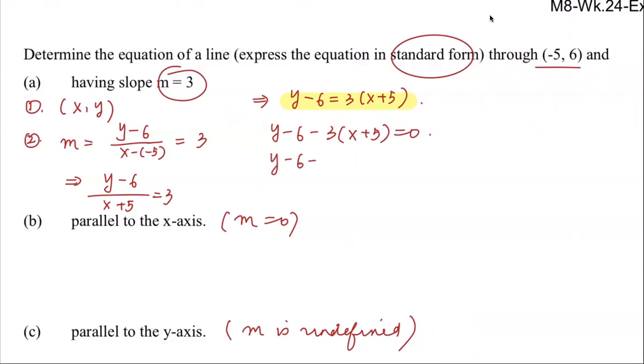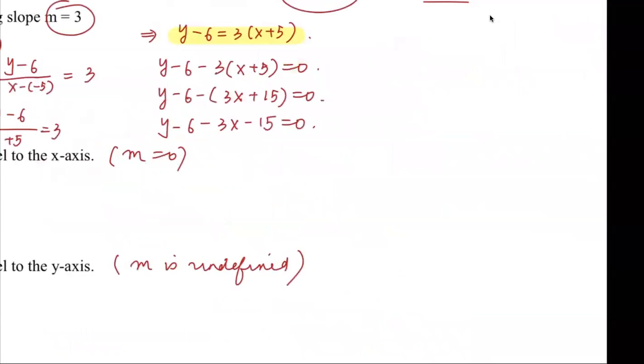We factor in the coefficient first, 3x plus 3 times 5, that's 15, equal to 0. Now we open the brackets: y minus 6 minus, remember we have a minus, so when we open the brackets, this plus sign needs to be changed to minus. So minus 3x minus 15 is equal to 0.